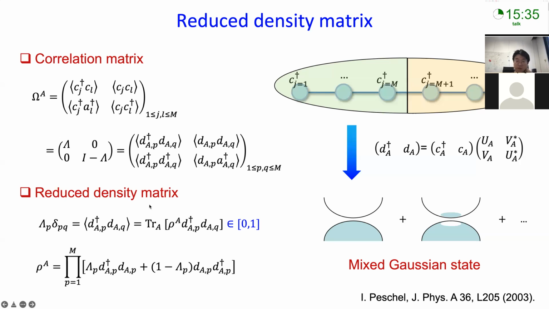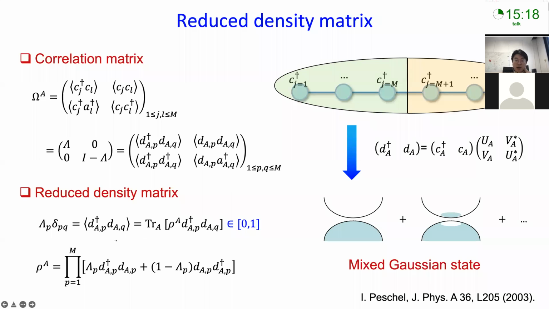For example, if all lambda p are 1, you can easily see that rho A only has one non-zero element. It means rho A is a pure state. But in the general case, lambda p is a real number less than 1 and larger than 0.